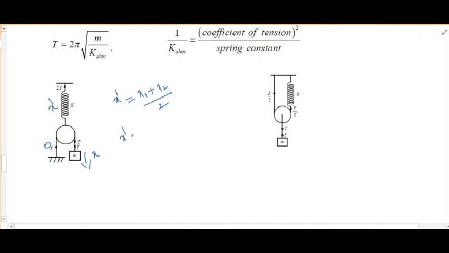X1 is this end, elongation 0, X2 is this block pulled downwards by X, and by 2. Therefore X dash is equal to X by 2. In this, elongation is X by 2, therefore the restoring force or spring force in the upward direction is K into X by 2. This is Kx by 2.